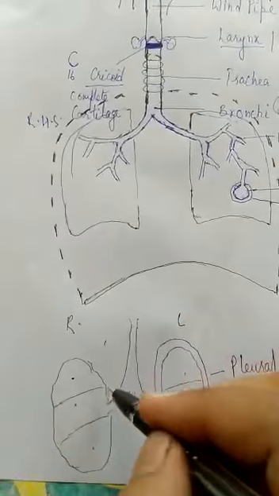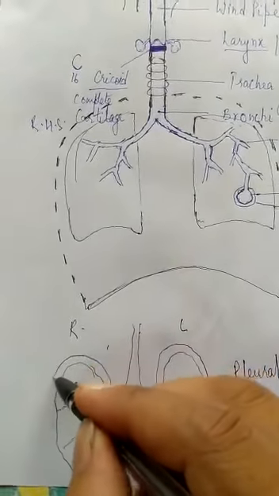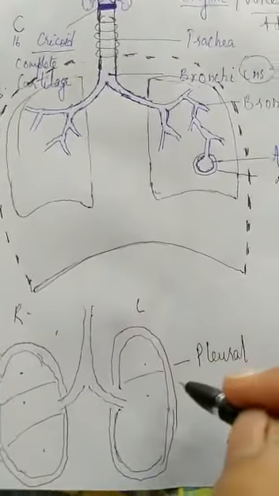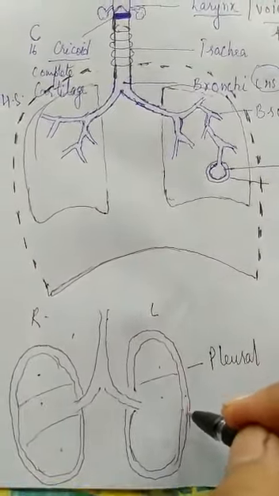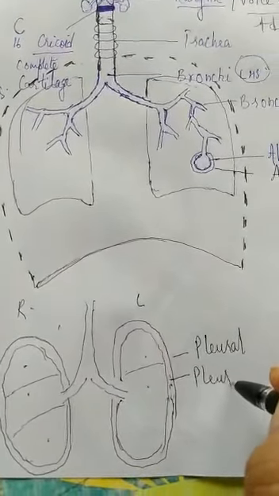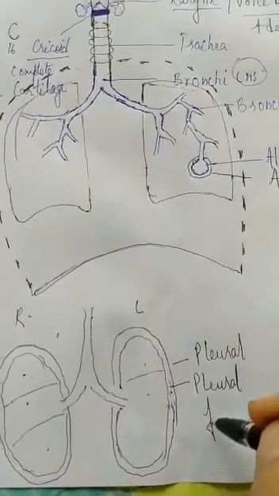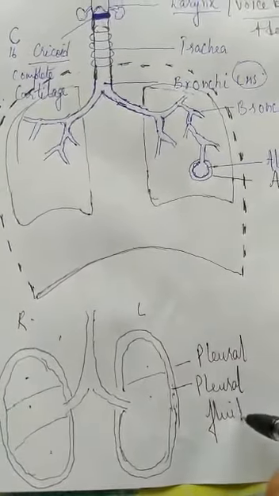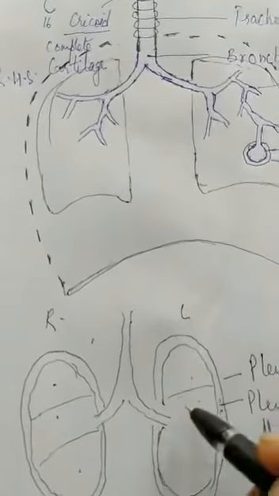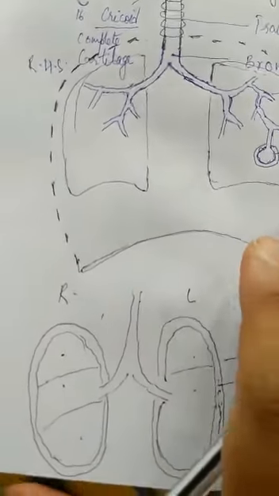Within this pleural membrane, you can find a fluid, and that fluid we call pleural fluid. So this is the structure of the lungs.